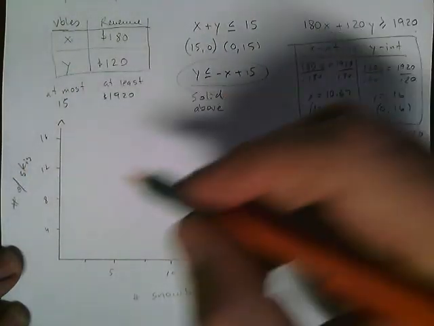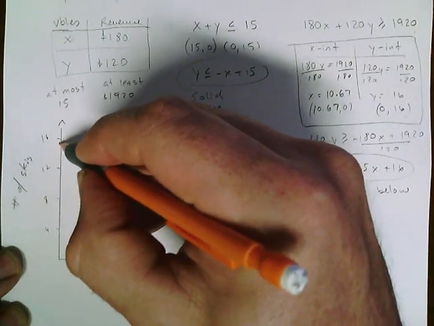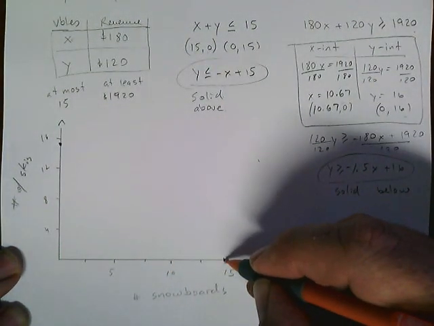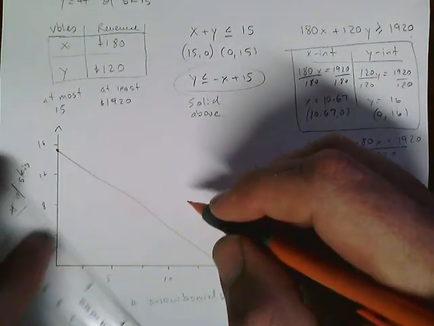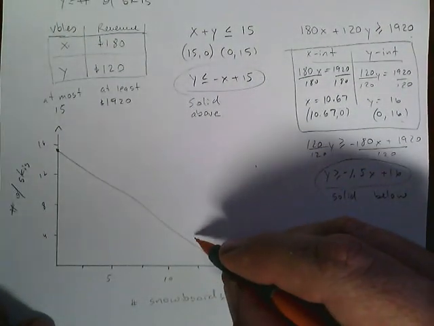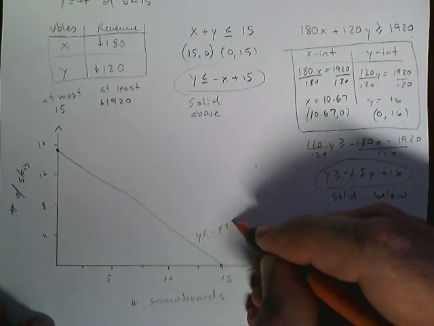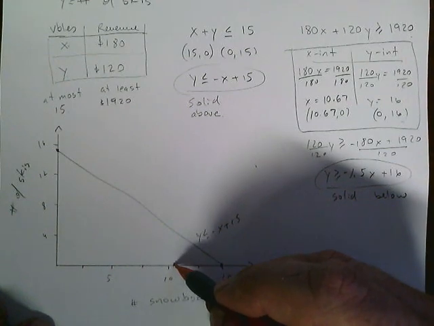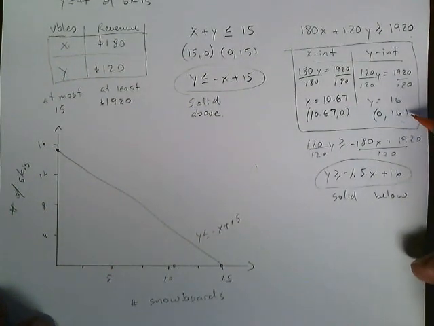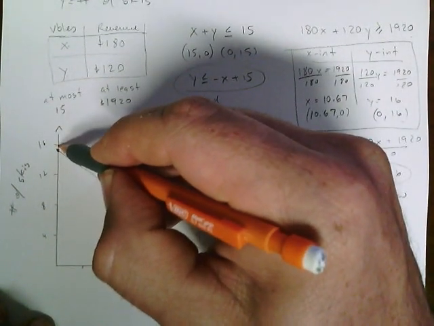Okay, so graph the first one. 15 would be right about there. 15 is here. Solid. Oh, what happened there? Negative x plus 15, and then 10.67, which is just after this, and 0, 16, which should be just above that.